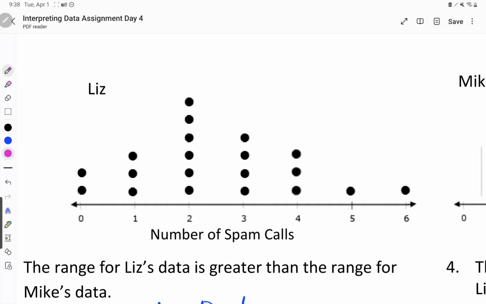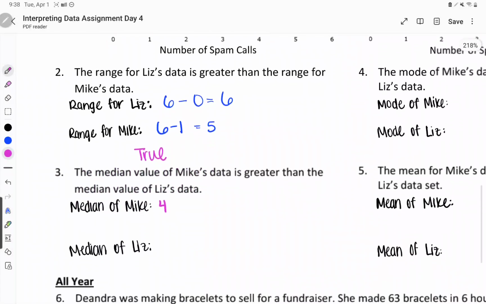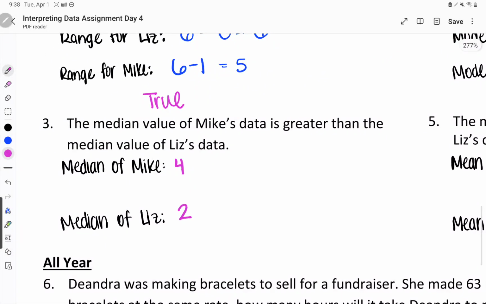Then I want you to find the median of Liz. We do smallest, largest, over and over, and we are left with a bunch of 2s. So the median for Liz is 2.